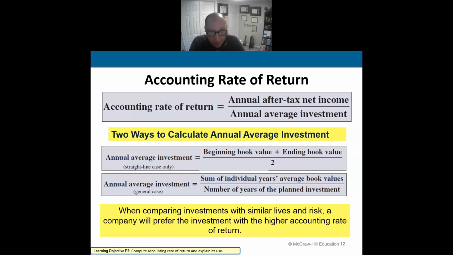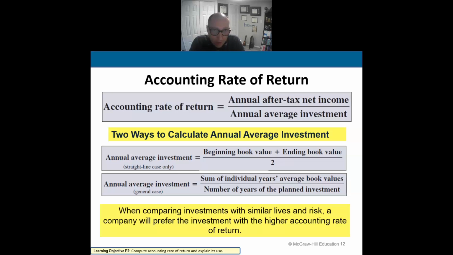The other way of calculating the annual average investment is by taking the sum of individual years' average book value divided by the number of years of the planned investment. Nobody ever does that. Textbook does that, but in practicality, the first method is easy.